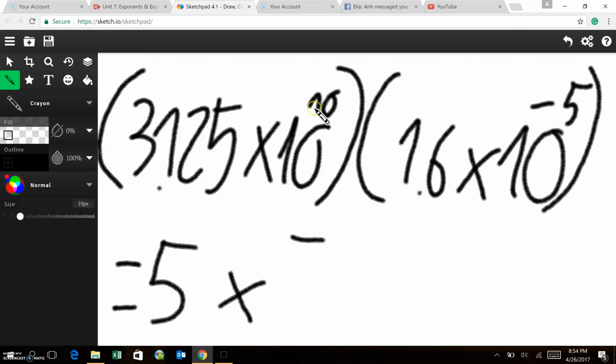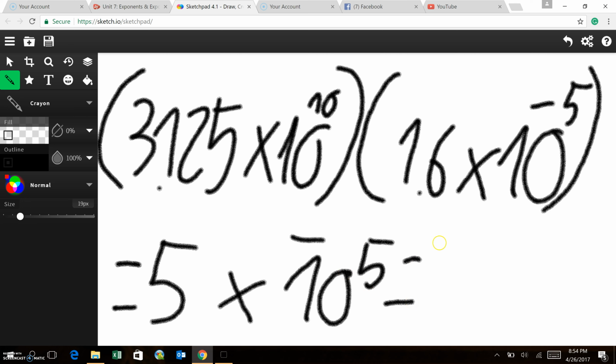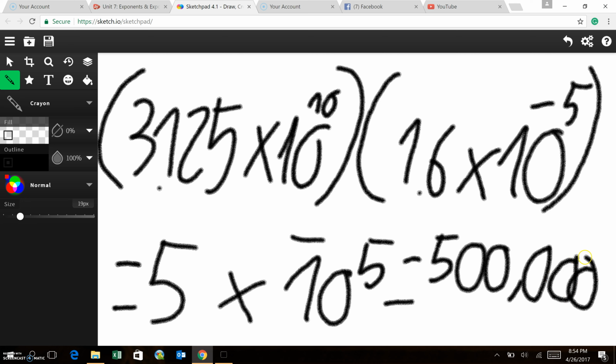And we're gonna use the product rule again, 10 plus negative 5, which is 10 to the power of 5. So the answer would be 500,000 miles. Okay, 500 billion pennies in one single stack is 500,000 miles.